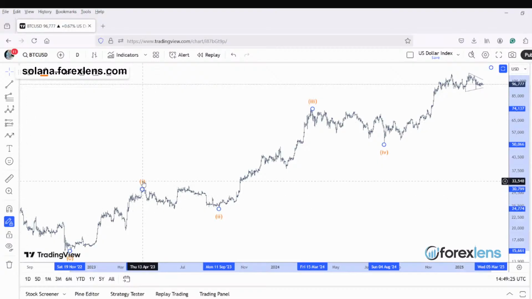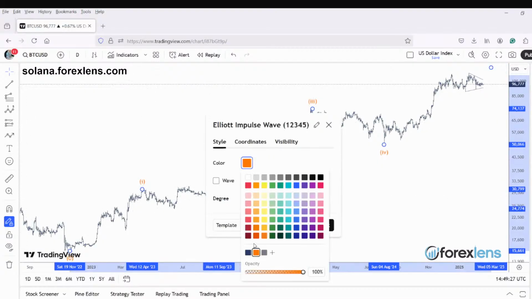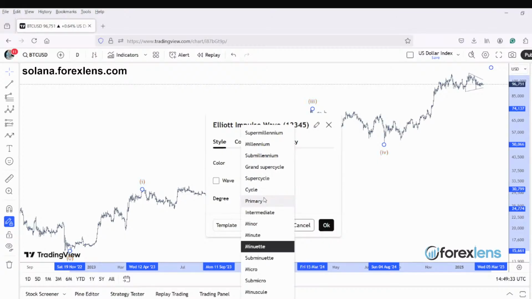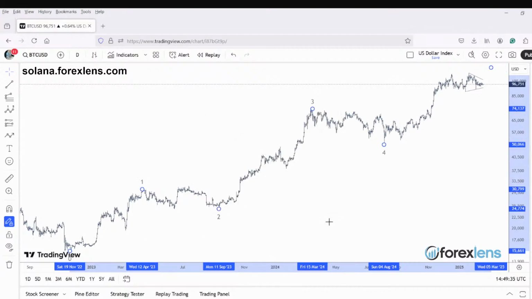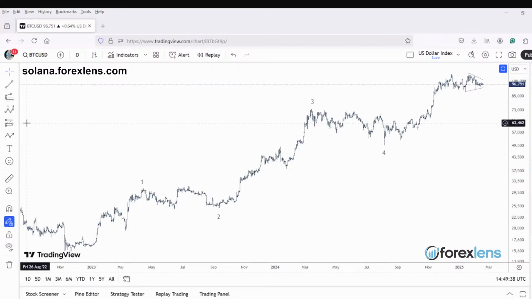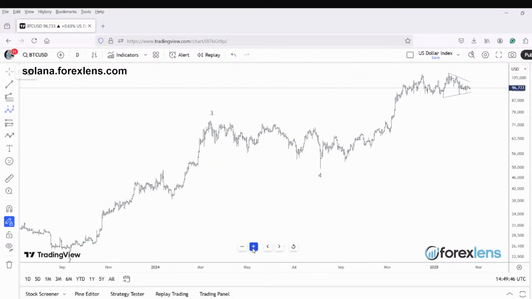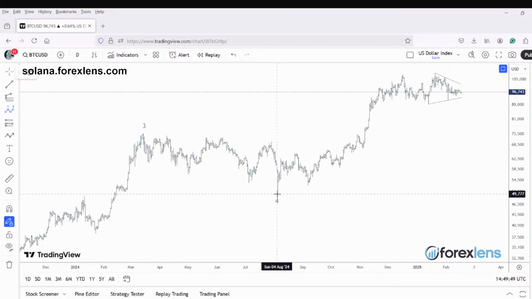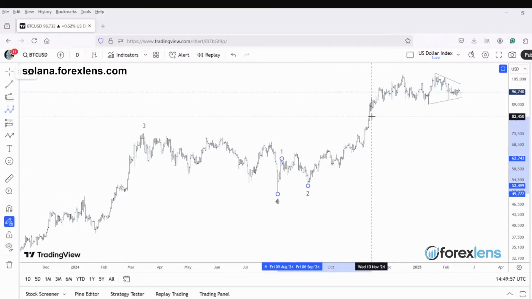I'm going to change the degree to minor, and minute degree. This is going to be wave 1, expanded flat wave 2, again wave 3.